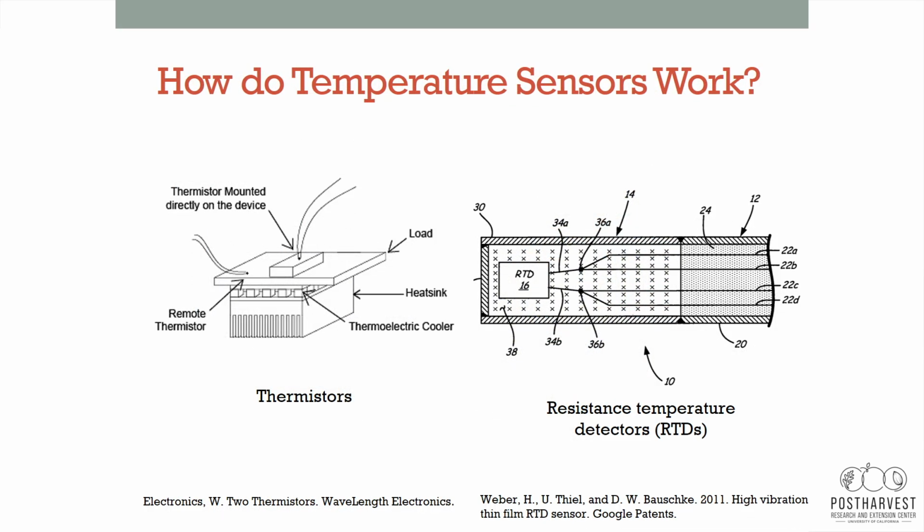How do temperature sensors work? Let's not pay attention to this slide. Basically, very simplistically, a temperature sensor changes its electrical properties, which are directly reflected in the changes in temperature. So it's like, imagine an expansion or contraction.